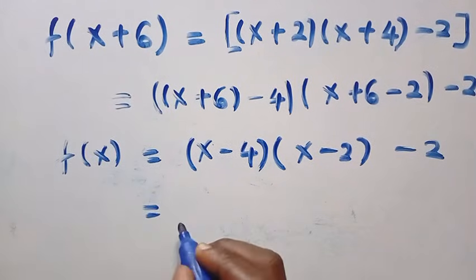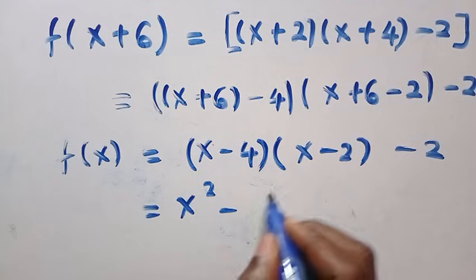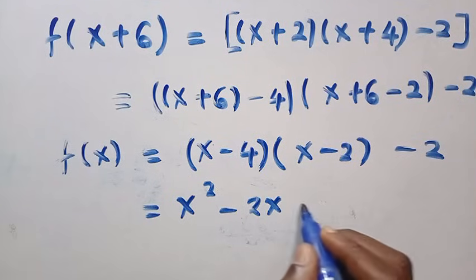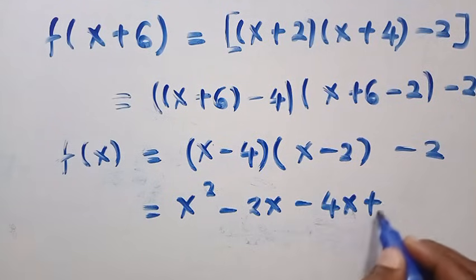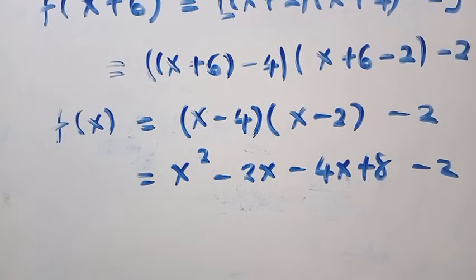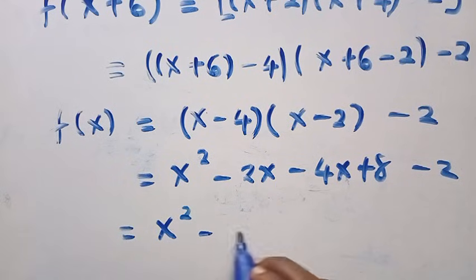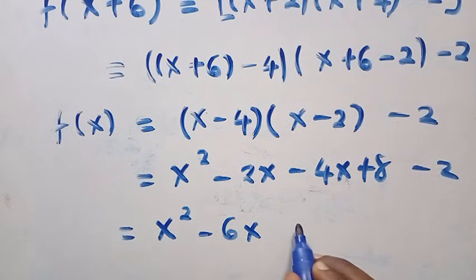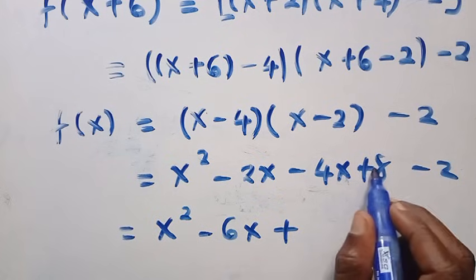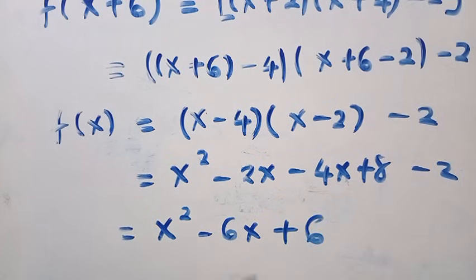When we open this out, we have x times x, that is x squared, minus 2x minus 4x plus 8, then all minus 2 at the bracket. Next we have x squared, minus 2x minus 4x gives us minus 6x, and plus 8 minus 2 gives us 6.